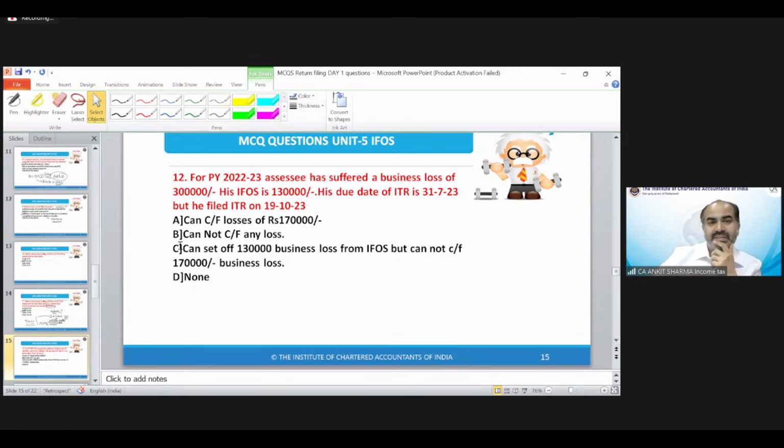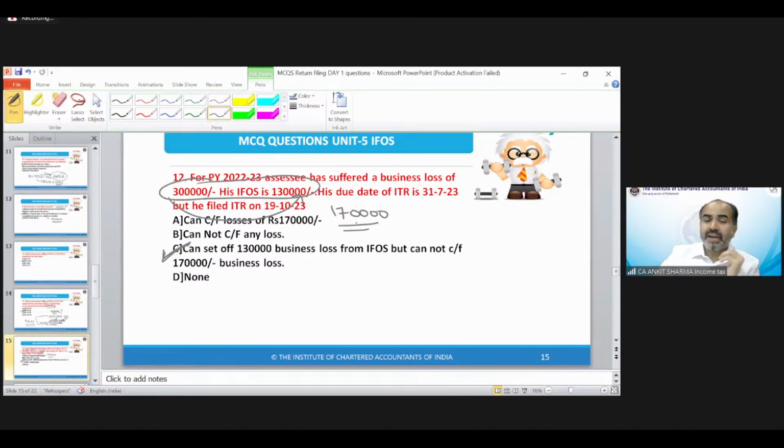And the correct answer is C. Why? Because you cannot carry forward, but you can set off at least. So the business loss of 3 lakh is first going to be set off with income from other sources. So out of this 3 lakh, 1,30,000 is going to be set off, and the remaining would be 1,70,000.